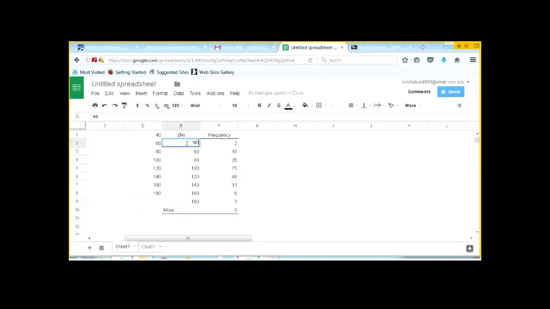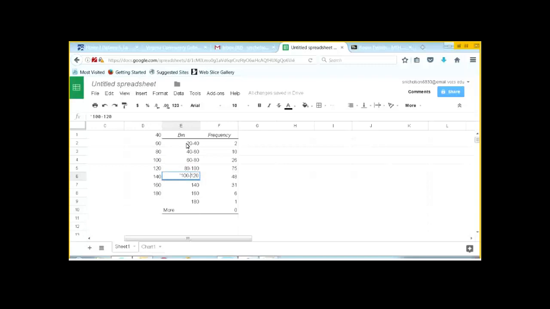But if I go back here and manually put in more descriptive labels, so if I go 20 to 40 and then push enter, if you push F2, that puts you in the edit mode. So I'm being more explicit about the labels. So that's 60 to 80. Next one is 80 to 100.